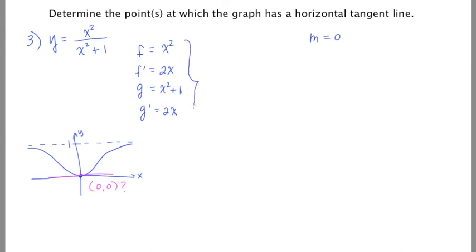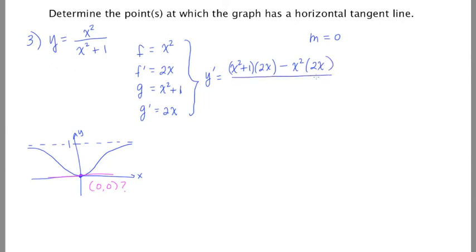So I'm ready to use the quotient rule, which says the derivative of a quotient is the bottom function times the derivative of the top function minus the top function times the derivative of the bottom function.